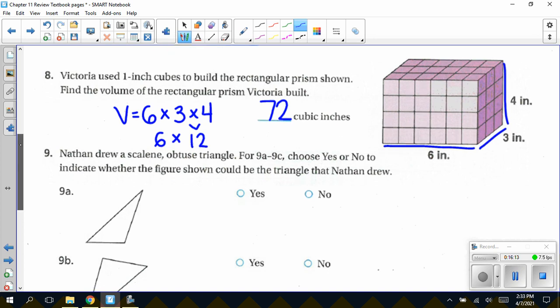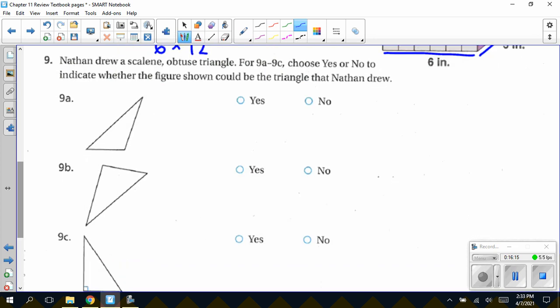Moving on to question number 9. Nathan drew a scalene obtuse triangle. For 9A through 9C, choose yes or no to indicate whether the figure could be the triangle that Nathan drew. So to be scalene, we've already talked about this back on question number 1. Scalene has 0 congruent sides.